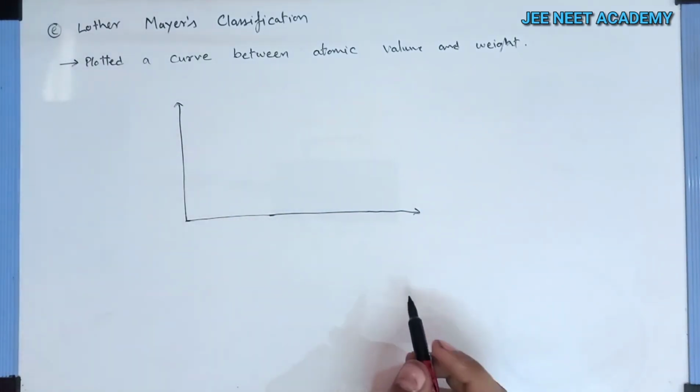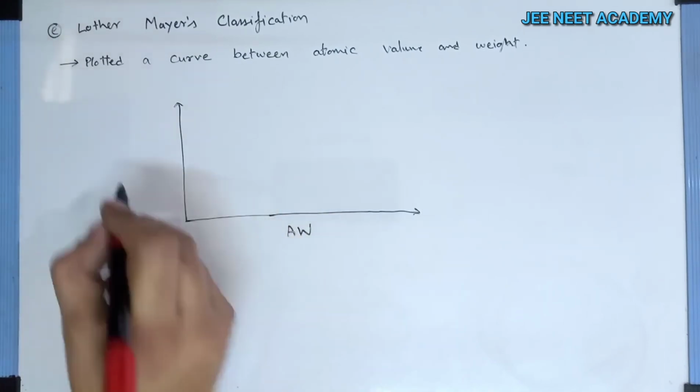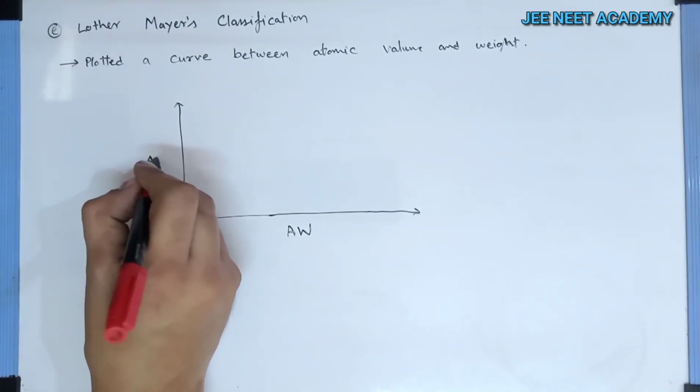Atomic weight will come on the horizontal axis and atomic volume on the vertical axis.